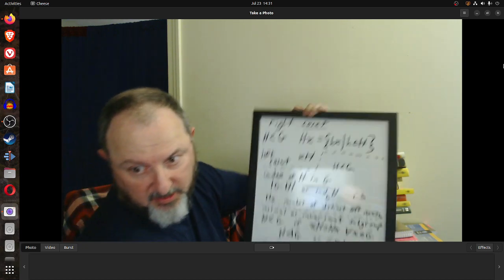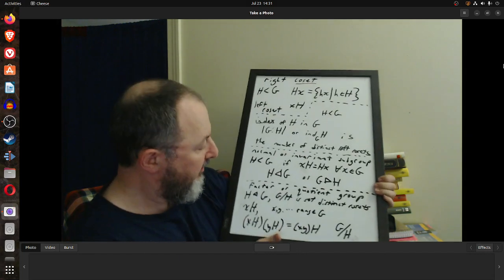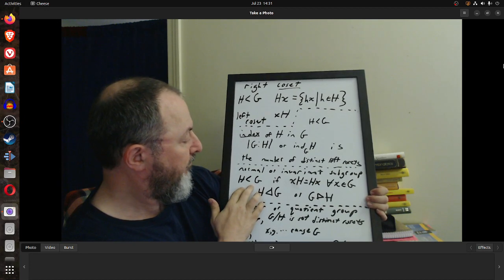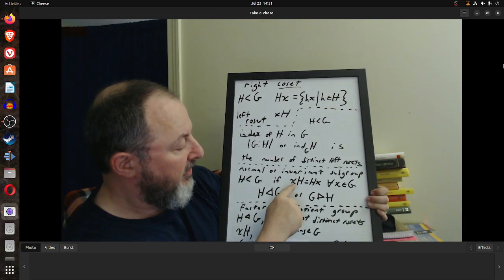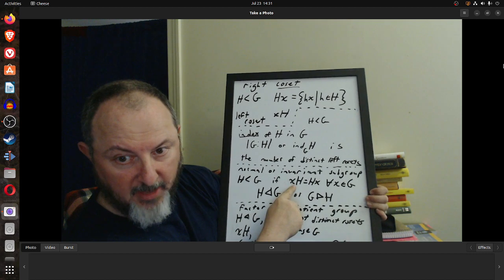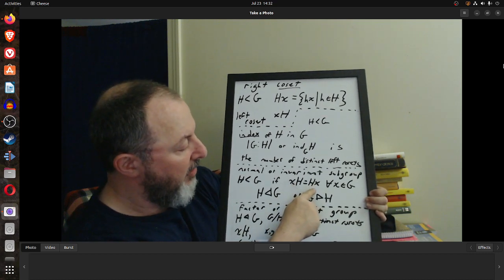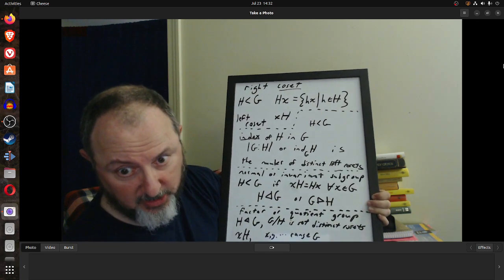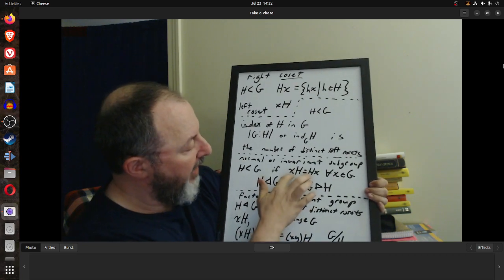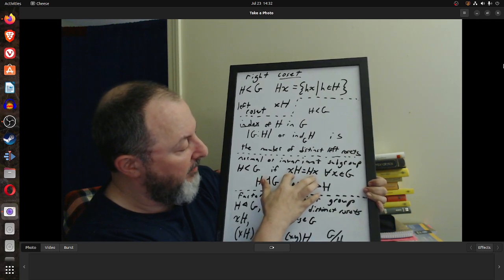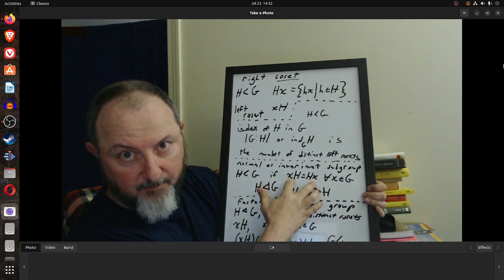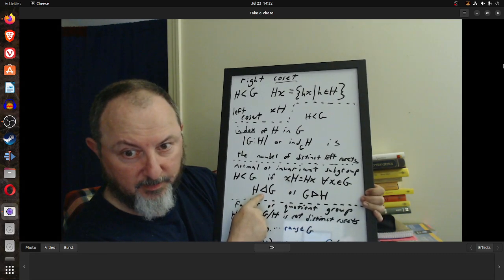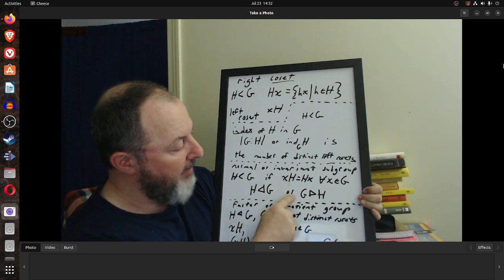All right, a normal or an invariant subgroup. Normal is the typical term for that. All right, so H is a subgroup of G, and if the left cosets xH equal the right cosets Hx for all elements x in G, if the left coset of a particular element equals the right coset of that particular element, then H is normal in G. You can write it backwards like this.